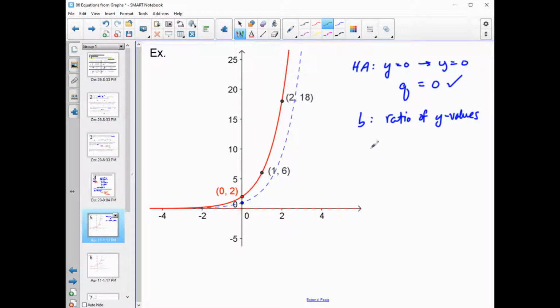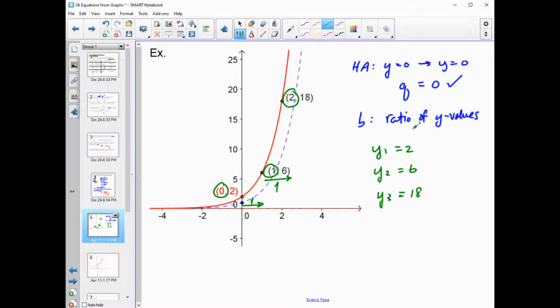So I'm going to say that y1 is at 2, y2 is at 6, and y3 is at 18. Notice that for these y values, the x values are increasing by 1 at a time. So in each case, I'm taking a step over by 1. That's important for us to use this simpler method.